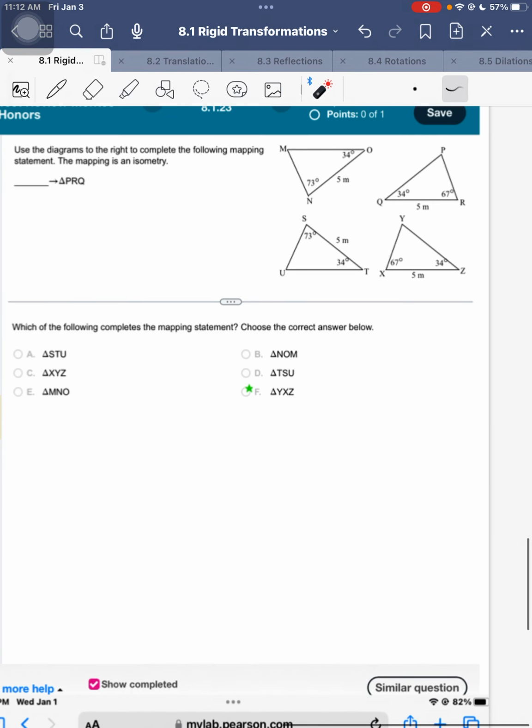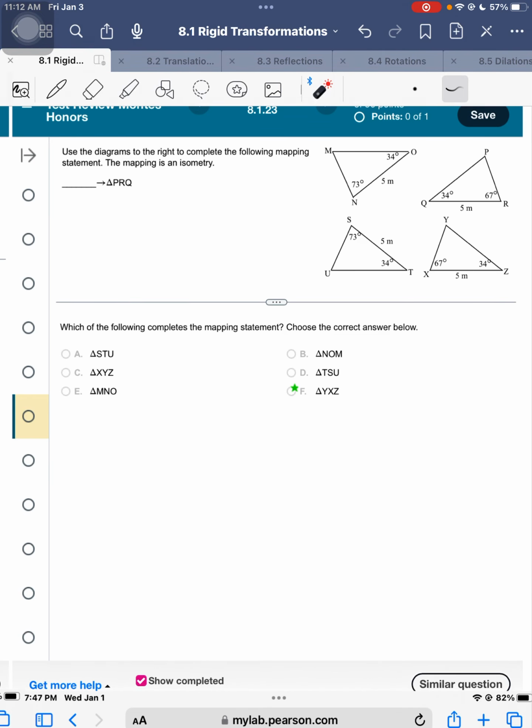Now let's look at this one. Use the diagram to the right to complete the following mapping statement. The mapping is an isometry. Okay, that's important. That's saying that this is obviously the image. So they want to know this, whatever this is and this are going to be the exact same thing.